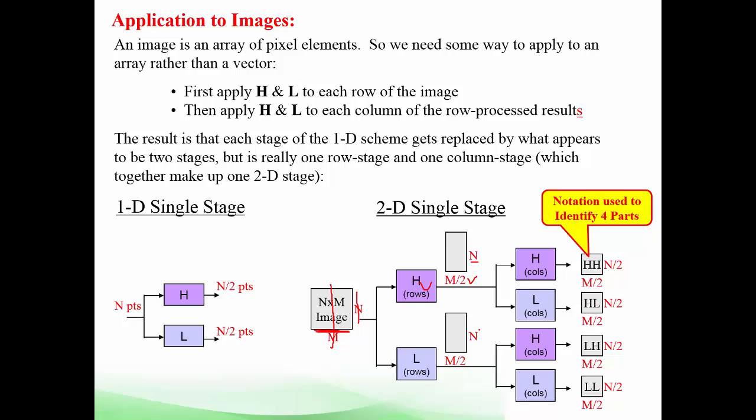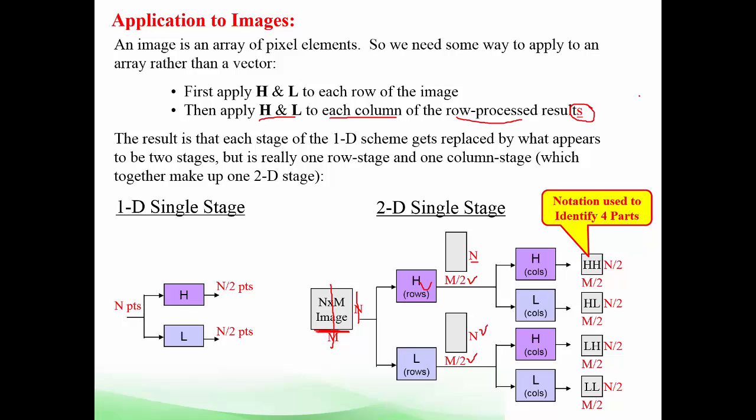And here we still have n rows, but we now have m over 2 columns, because each row had m elements in it when it goes in, and has m over 2 elements when it comes out. Okay, so now remember, we then apply H and L to each column of the row processed results.